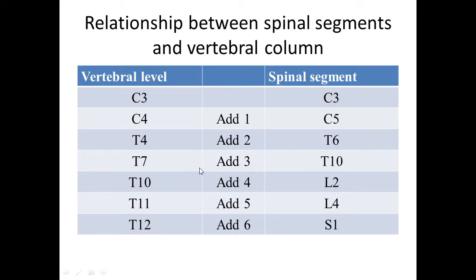Now the relationship between the spinal segments and the vertebral level is a rough calculation. At the level of the 3rd cervical vertebra, you can see the 3rd cervical spinal segment. But as you go down, there is a difference between the spinal segments and the vertebral level.